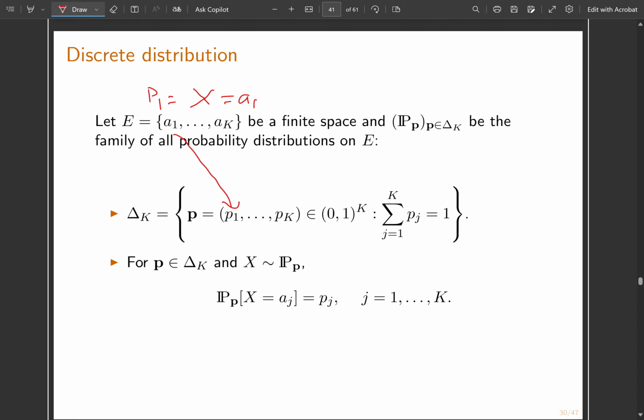And hence, since it's discrete, each probability is a PMF of all the possible values x can take. x is a1 through ak, there are k values x can take, and p is the probability of that.